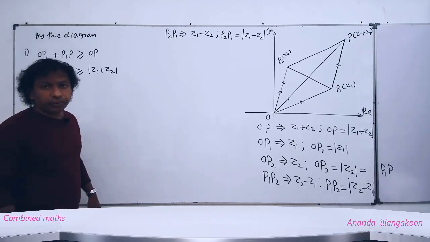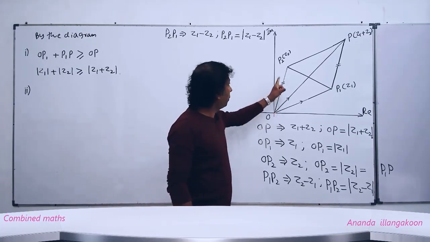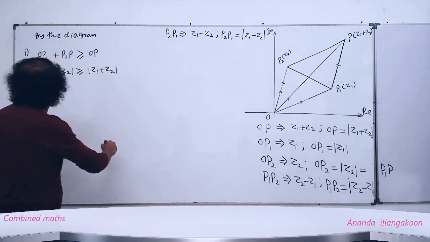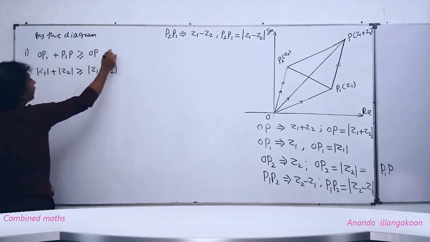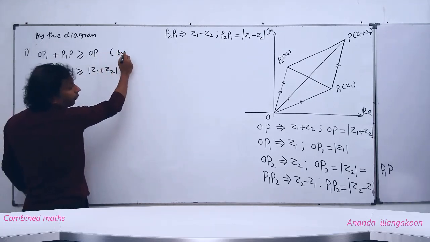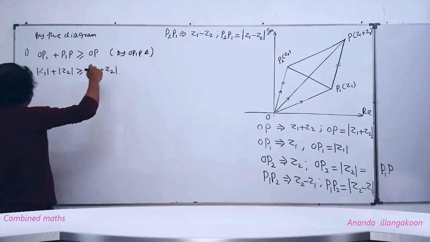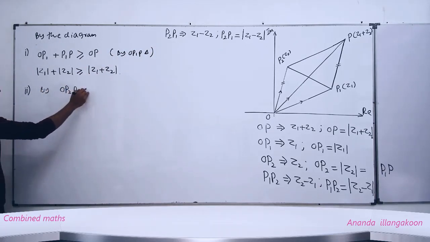Now, people, I am going to consider the next one like this. Here, I take the OP2P1 triangle. I write here, by OP1P triangle. Second one, by OP2P1 triangle.